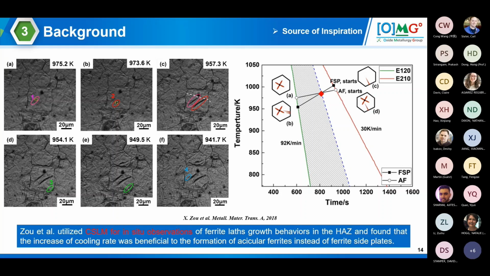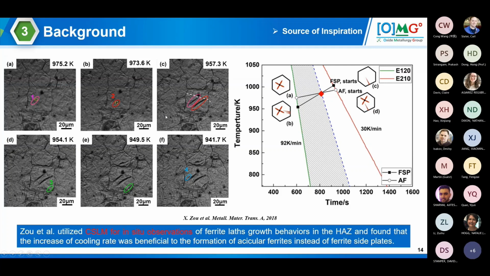Zhou Xiaodong. He was studying the effect of inclusions on acicular ferrite formation. We used the confocal scanning laser microscope to understand how one inclusion here, in this figure A, number 1, would induce acicular ferrite formation and how fast it can grow.